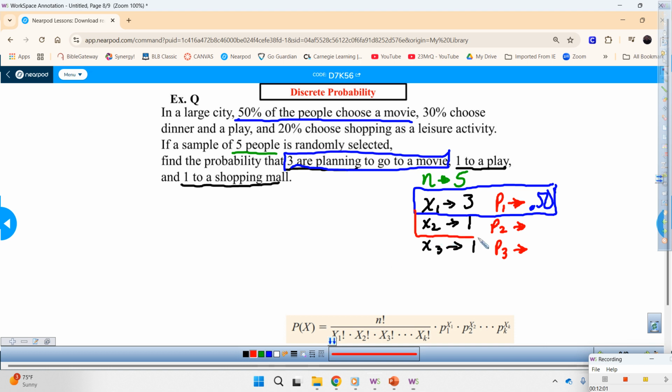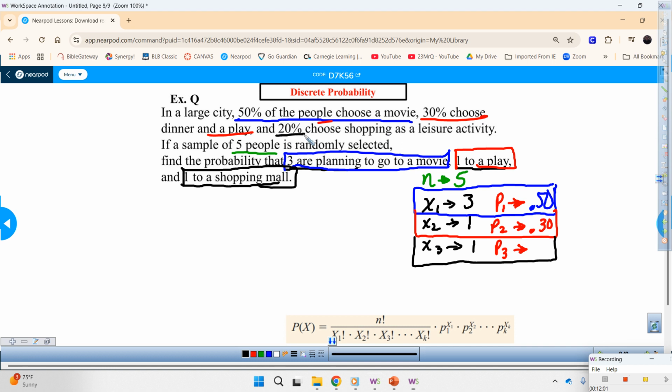I'm going to use red for x sub 2. X sub 2 says 1 is planning to go to a play. What is the percentage of people going to a play? 30 to a play. That is correct. So that's 0.30. And last but not least, X sub 3 is 1, and that person is going where? To the mall. Percentage of people going to the mall to do shopping or whatever is what? 0.20.